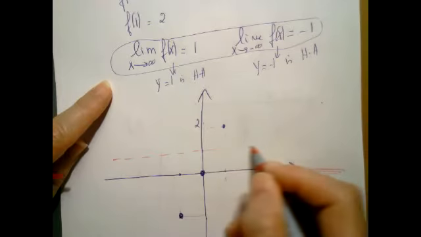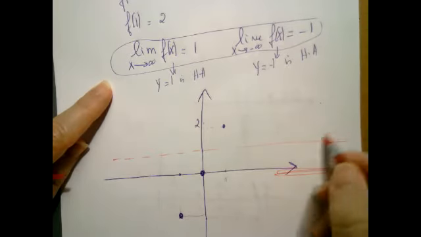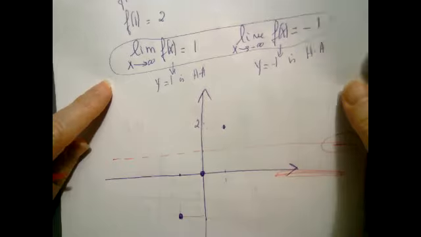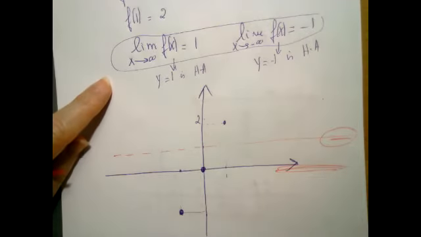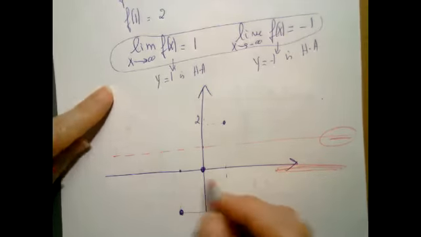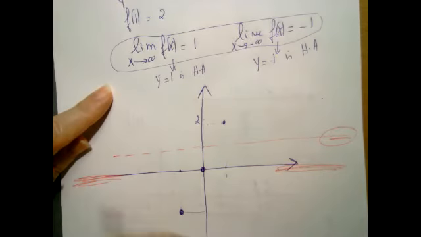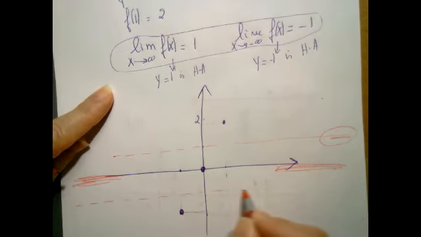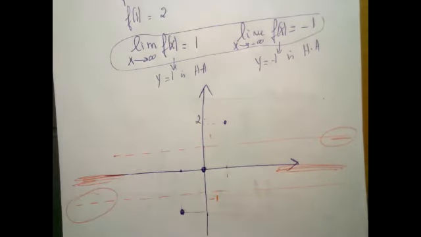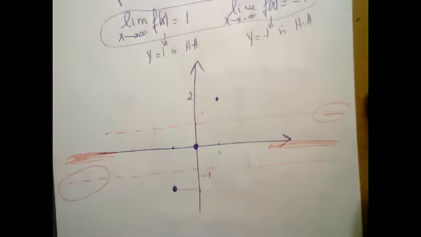So I want it to be here when x grows to infinity. And when x grows to -infinity, so when x is here, that's the other end behavior, I want the output close to -1. So this is -1, this is 1. I want the function to be here. So how can I draw this function?